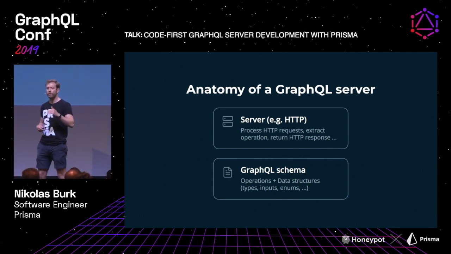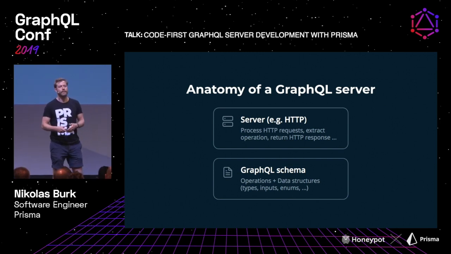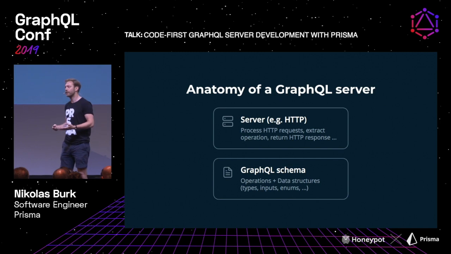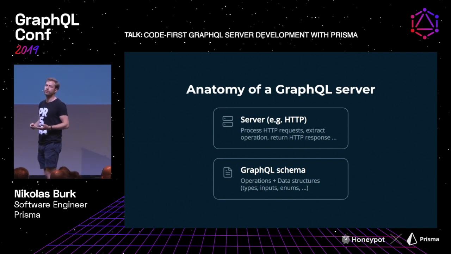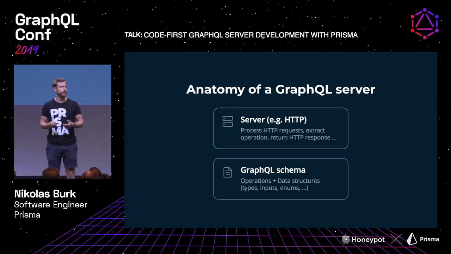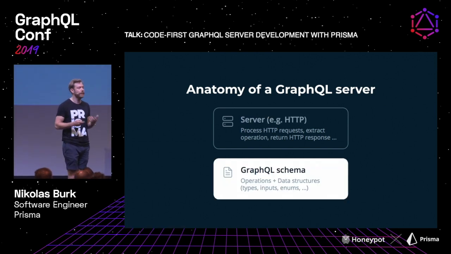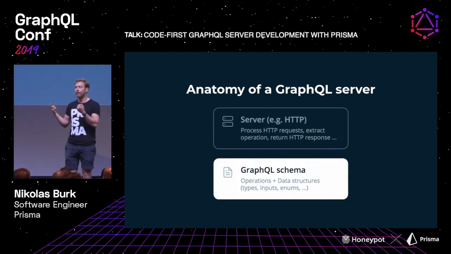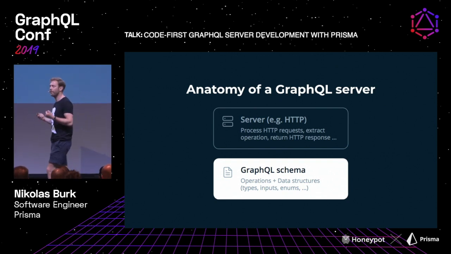And then underneath, you actually have the GraphQL schema, including the resolver system that defines the API operations, the data structures of your schema, and also is responsible for the data resolution. And today the talk really is just about the GraphQL schema. I don't care about the server, about the network layer today. Today I want to talk to you about the schema.